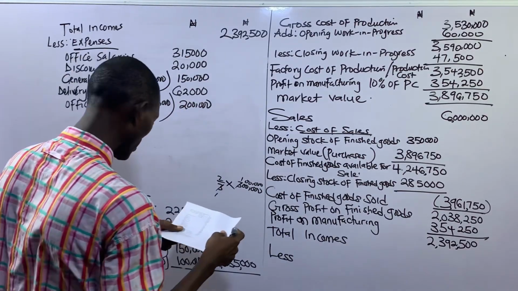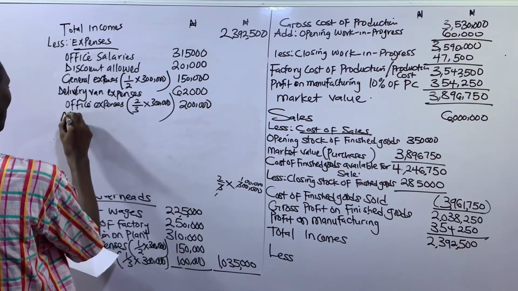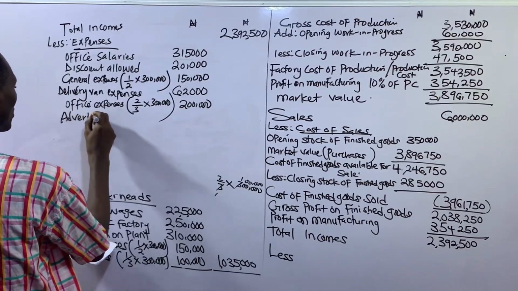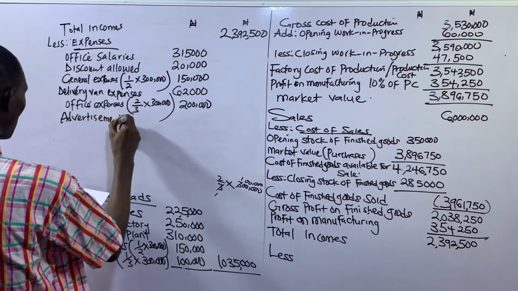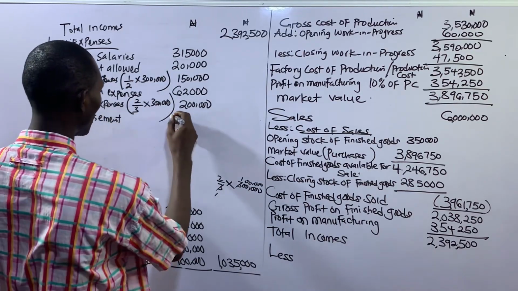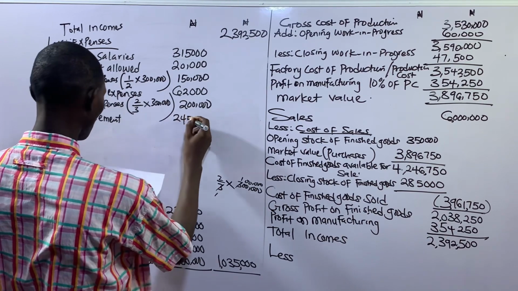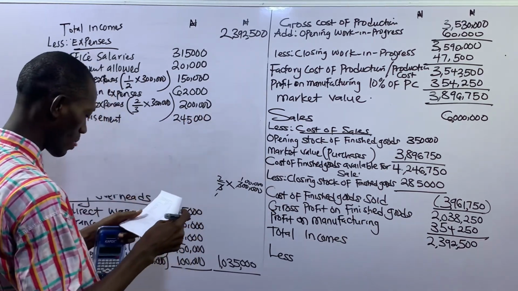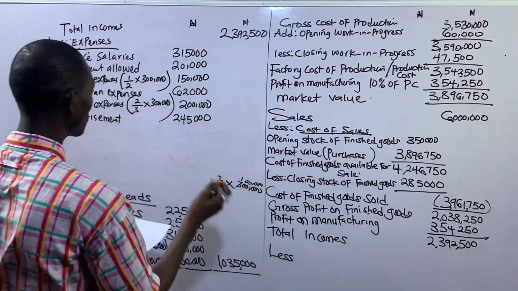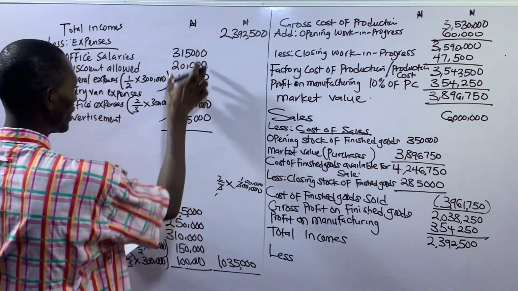Then we have advertisement. Advertisement is also charged to the profit and loss account. No treatment on that, so that's 245,000. There are no other expenses left. So this is the total expenses we have.